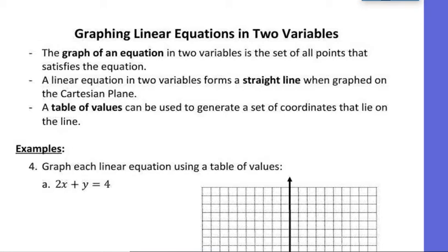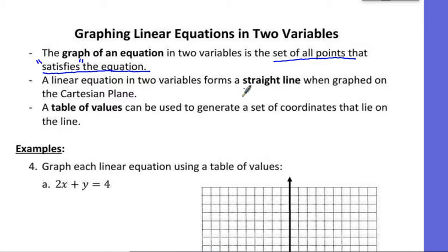The graph will be a pictorial representation of the set of all points that, quote, satisfy the equation. Meaning, as in previous examples, if we were to substitute the x and y coordinates back into our equation, we would get a true statement for any point all along that line.